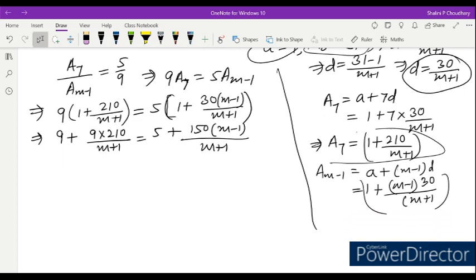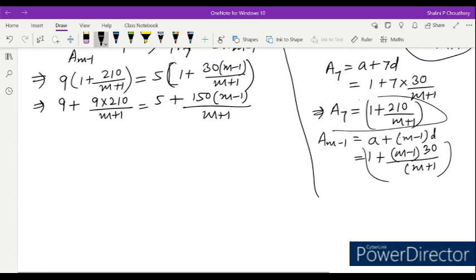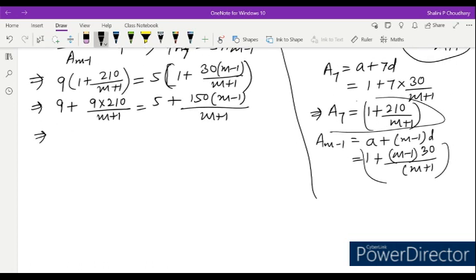Okay. Now the denominators, m plus 1, are of the same type, so what we'll do is keep them together, and 9 minus 5 we'll keep together. So what we'll do, 150m minus 150 upon m plus 1, minus 9 into 210, which is 1890, divided by m plus 1.